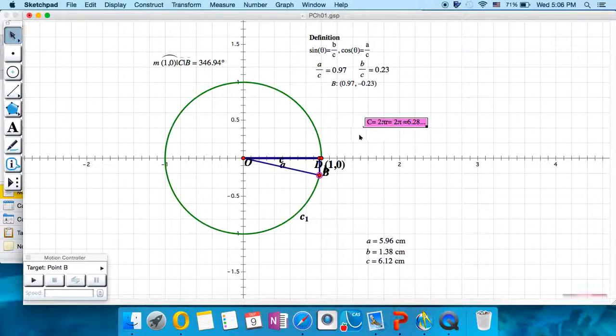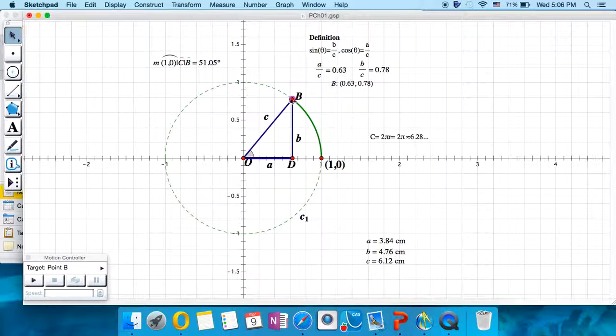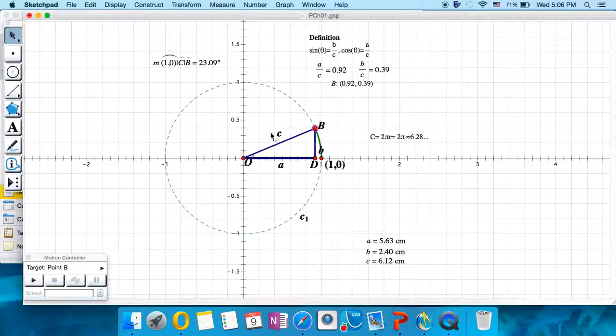Therefore the circumference is 2 pi, which is about 6.28. So if you think about this circle as having a radius of 1 mile, and you jog all the way around it, you end up running 6.28 miles.